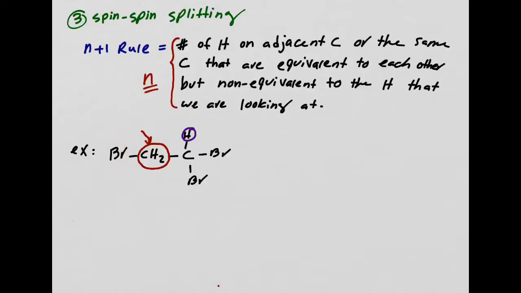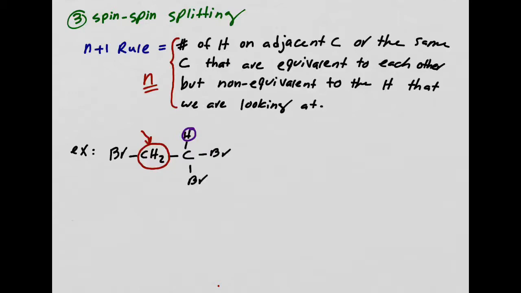You guys are good so far? Okay. So the number of hydrogens on an adjacent carbon or the same carbon that are equivalent to each other but non-equivalent to the hydrogen that we're looking at. Well, what does this mean? These two hydrogens are equivalent to each other, right? This is one peak that we have. Now, adjacent here, we have no carbon that has hydrogen. And over here, the adjacent carbon has one hydrogen. So what that means is this hydrogen is looking at this hydrogen over here.